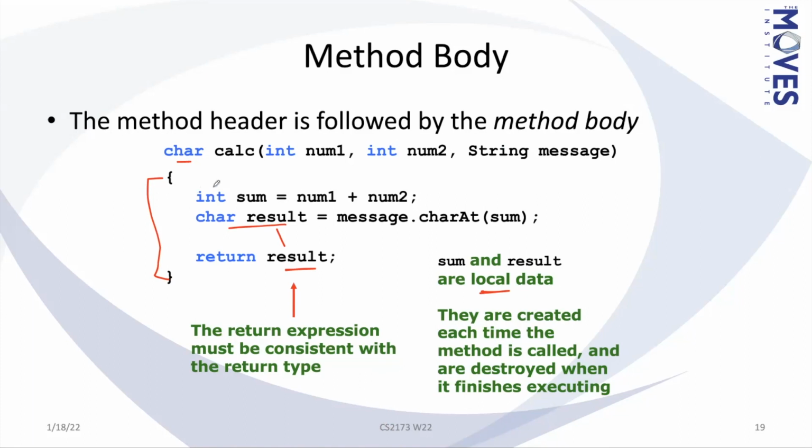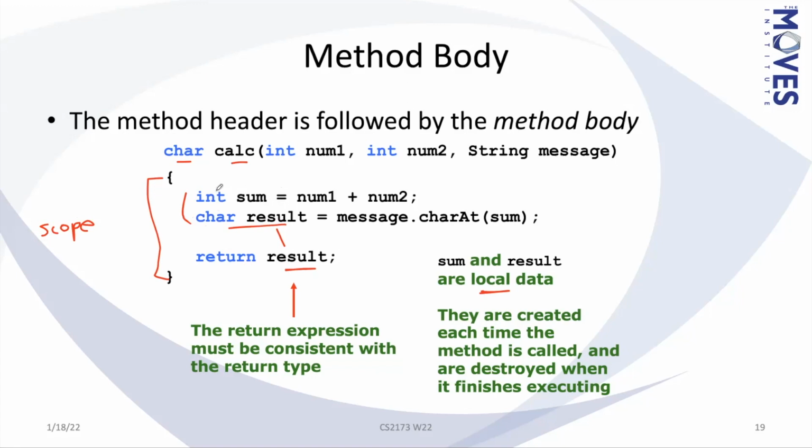Why? Because of something called scope. The scope of a variable is within its curly braces. So this sum and this result exist only in a single call to this method. In one call to the method, these variables are created, and as soon as you return from that method, they go away.